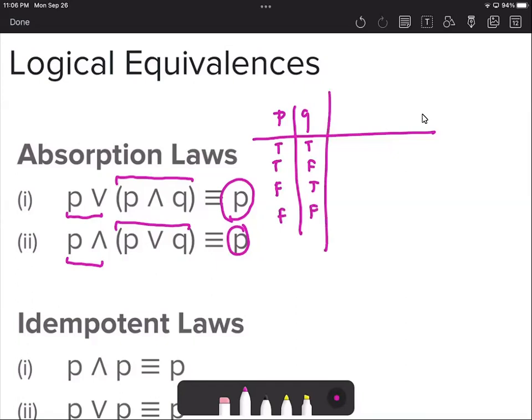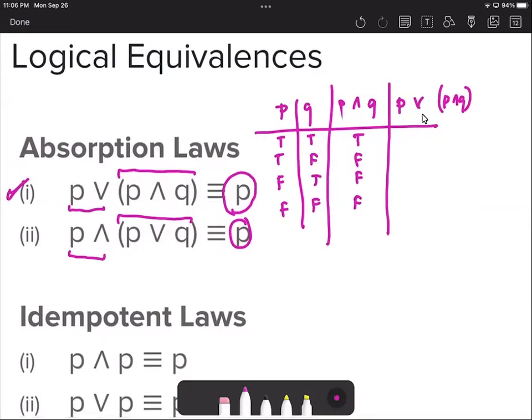Okay, now taking the first one, the P and Q. This will only be true given two true values. So the rest will be false. Okay, now let us take the P or the P and Q. So this will essentially evaluate to taking the OR of these two columns.